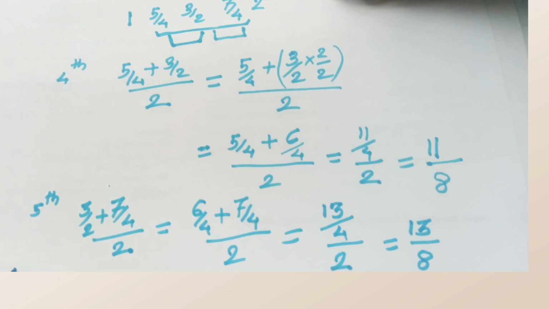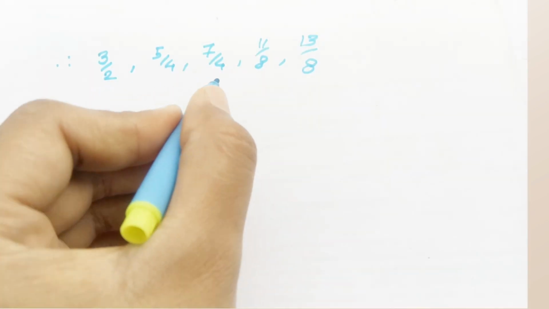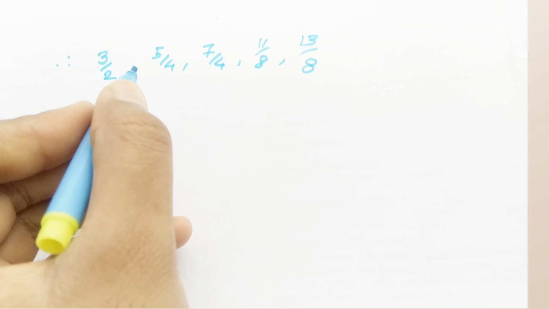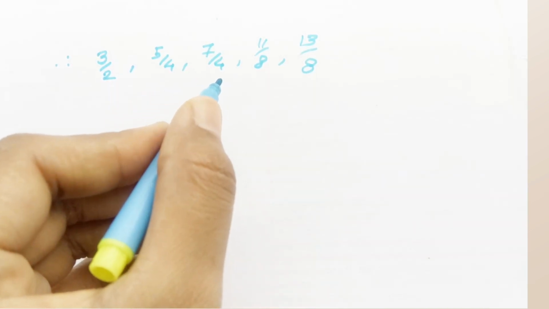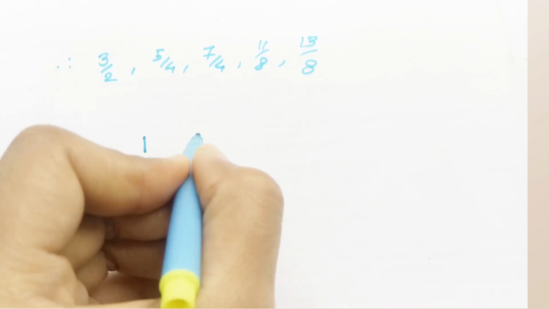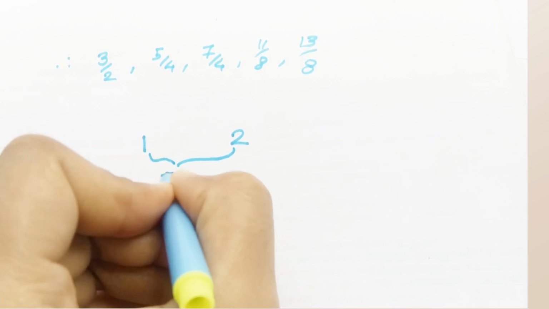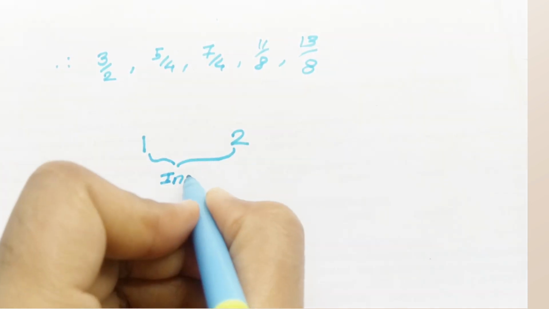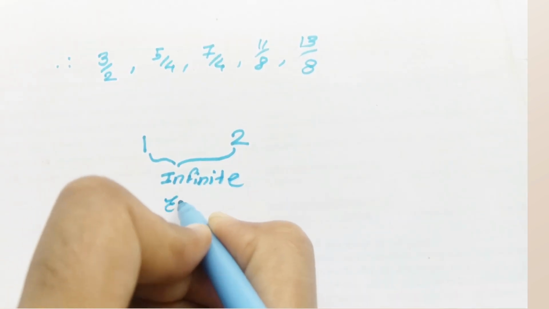Therefore these are the rational numbers which lie between 1 and 2. Now is it the only rational number which lies between 1 and 2? No. In between any two rational numbers there are infinite rational numbers.